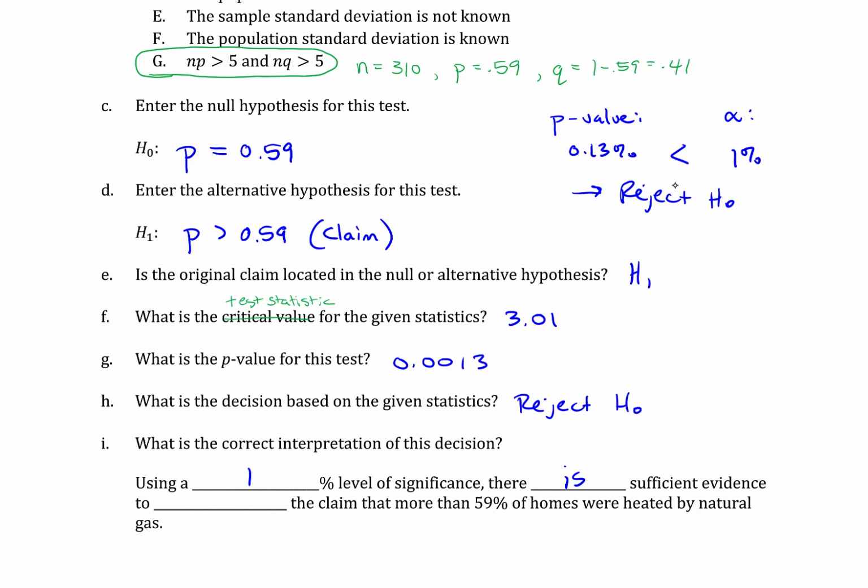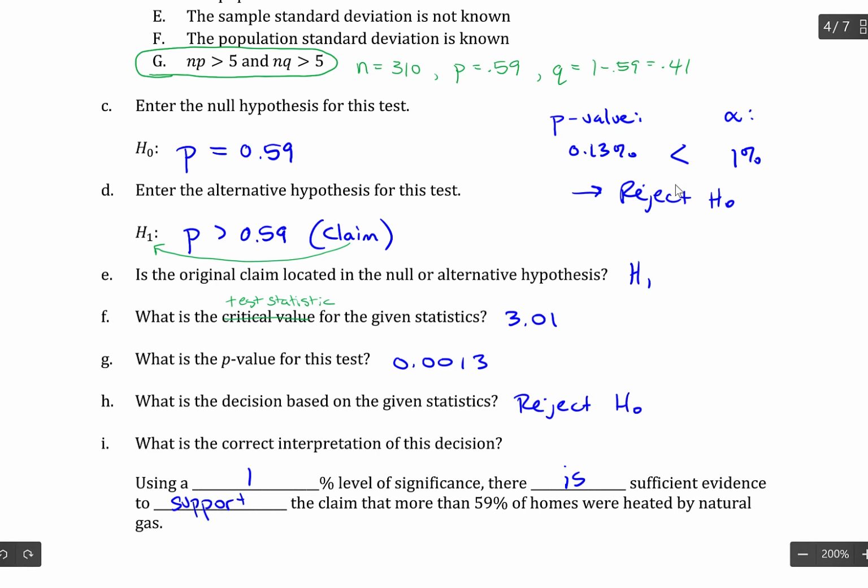All right, so next we need to decide if we're supporting or rejecting the claim. And the easiest thing to do there is just, if our claim is in the alternative hypothesis, then we're trying to support it. If it had been in the null hypothesis, then we would be trying to reject it.